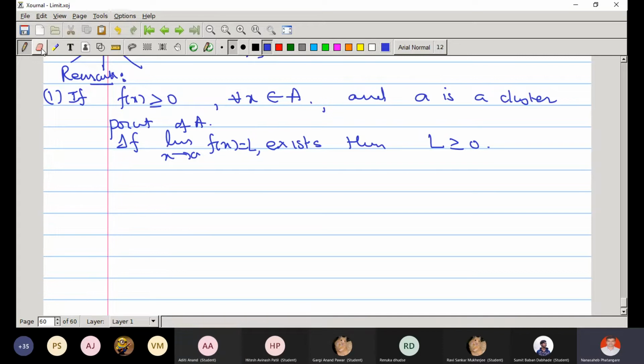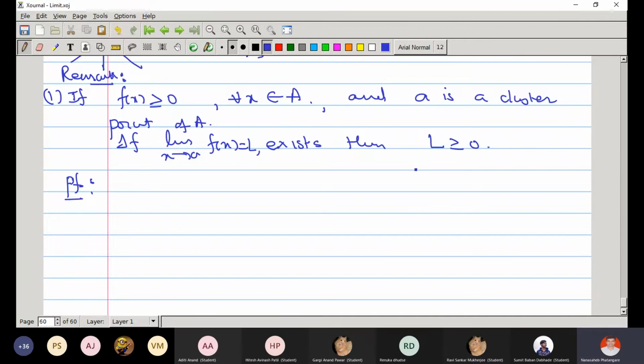Of course, if your function is strictly positive, then the limit is also greater than or equal to 0. Or if the function is greater than or equal to 0, then the limit too. So can you prove this? If the function is greater than or equal to 0, then the limit is greater than or equal to 0.